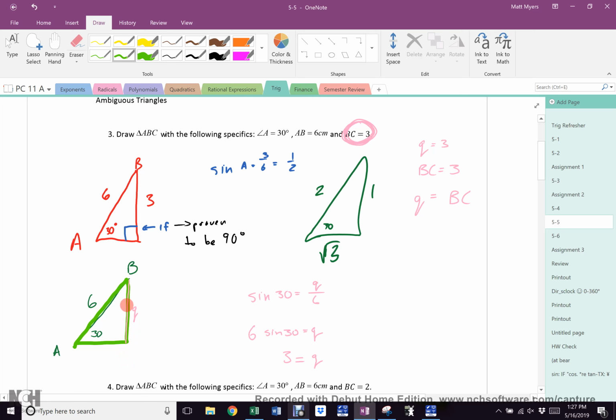So, if Q equals our third side, then we can only build one right angle triangle. Does everybody see why? Yeah? Because Q is the same as the third side, it's going to be exactly long enough to create one triangle. Everybody good?